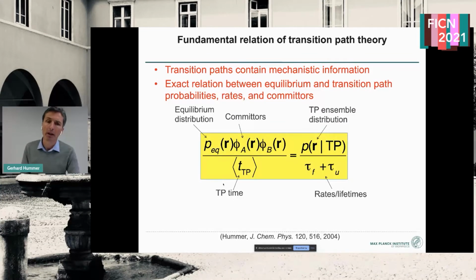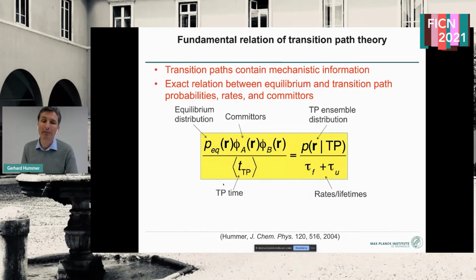And I know we have Eric van den Eijnden here in the audience, and he's one of the experts in this. And here you see the fundamental relation of transition path theory that brings together the Boltzmann distribution, the equilibrium distribution on the left, and the distribution in the transition path ensemble, that is the restricted ensemble, looking at only transition events, which are connected to each other by, on the left, the product of the so-called committors.